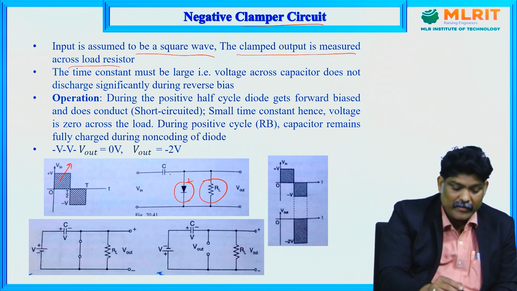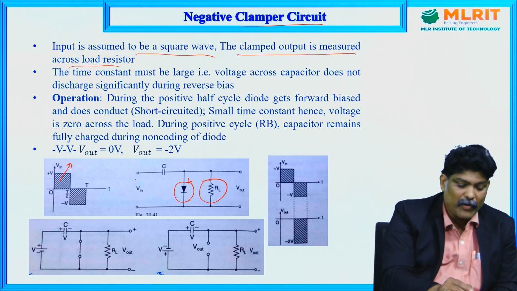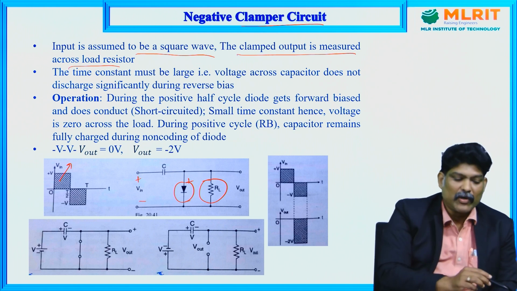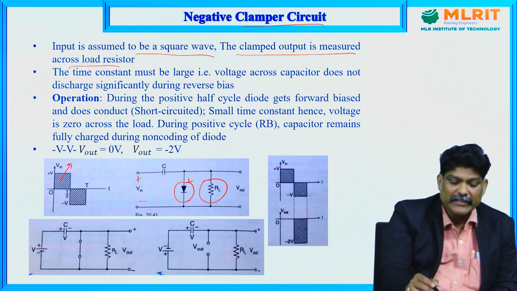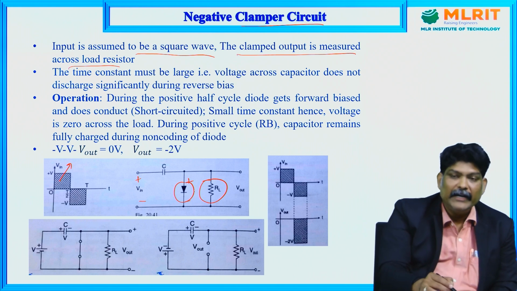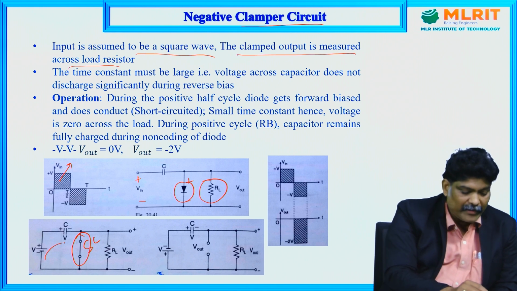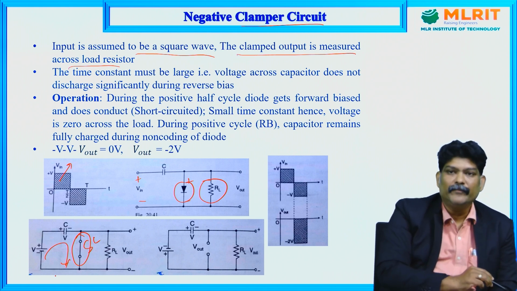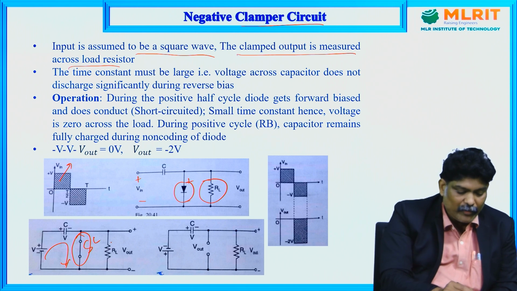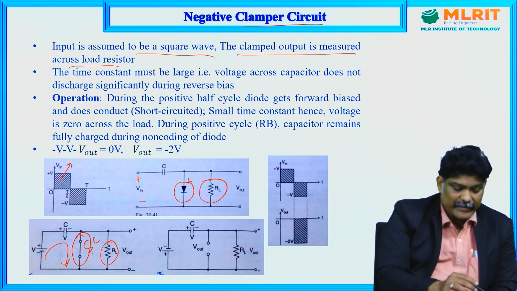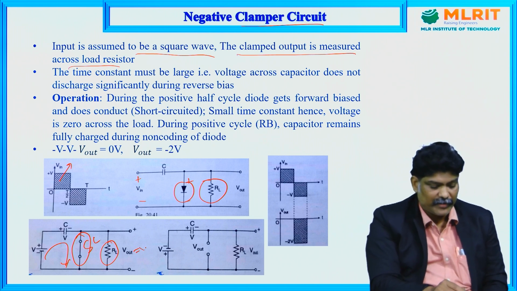So the anode is connected to the positive of the input. Hence during the positive half cycle, the diode gets forward bias and it acts like a short circuit. So whatever input we have given will be across the diode. Through the diode it will be grounded, and there will be no voltage across the load resistor. V out is equal to 0 here.